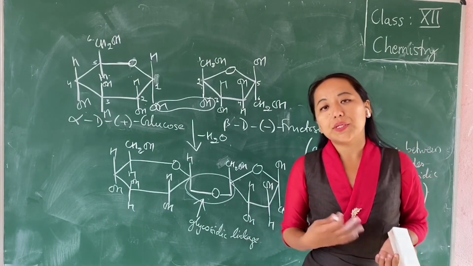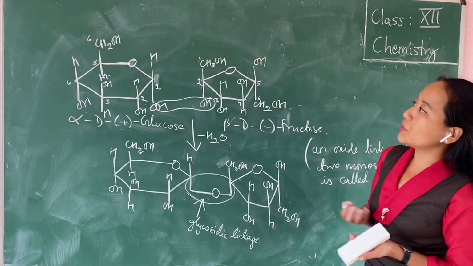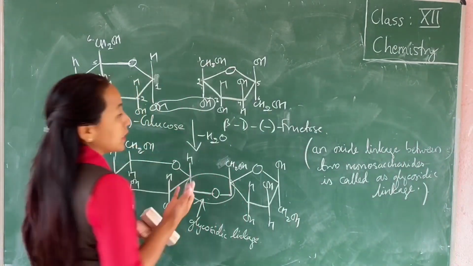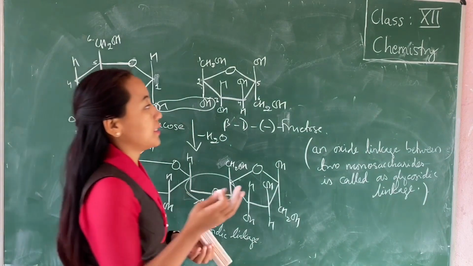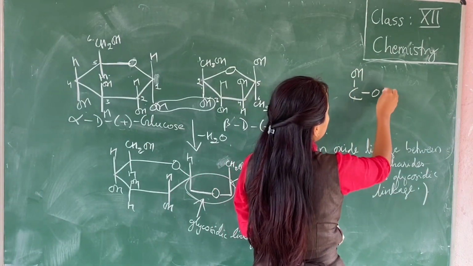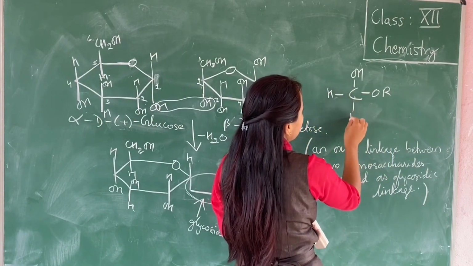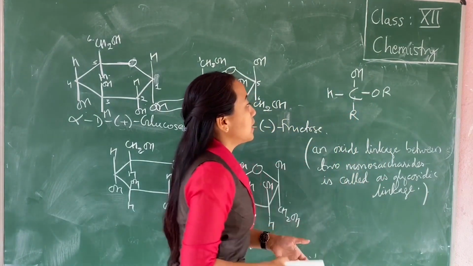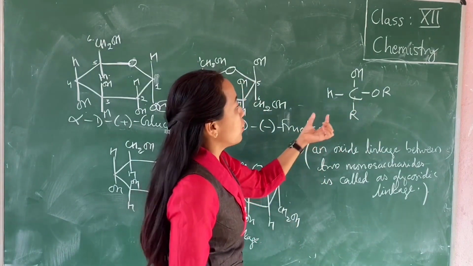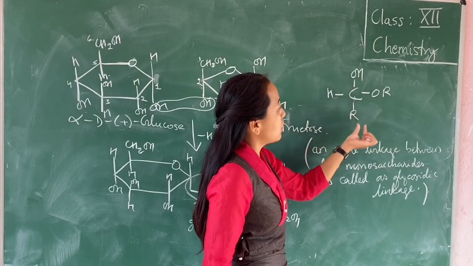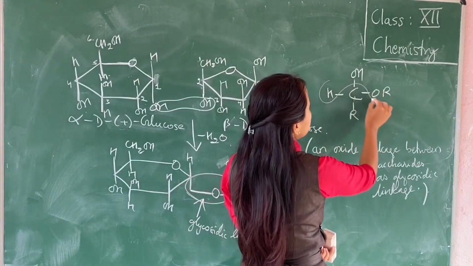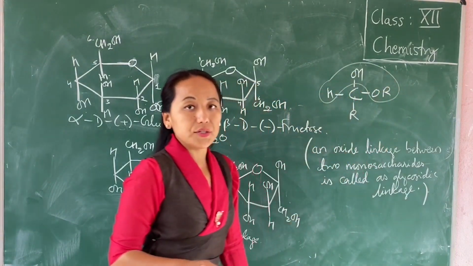Now, if you are asked whether sucrose is a reducing or non-reducing sugar, which is important, in order to look for the reducing character, you have to remember that if a carbon is forming a hemiacetal compound which bears OH, OR and H groups, if these three are present, then it is said to be a reducing sugar.